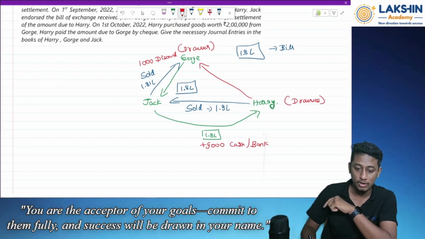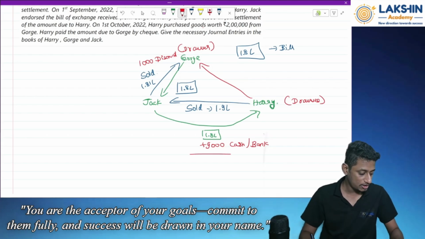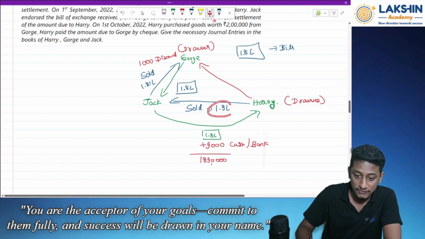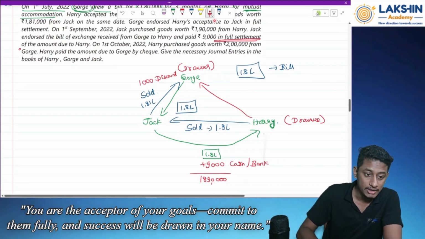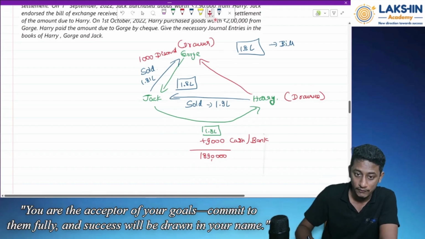So what is the total amount now? 1 lakh 80,000 plus 9,000 is 1 lakh 89,000 rupees. But what is the actual value of sale that is done? 1.9 lakh. Again, the words used are: in full settlement of amount due to Harry. Due to Harry. So that means an amount of rupees.